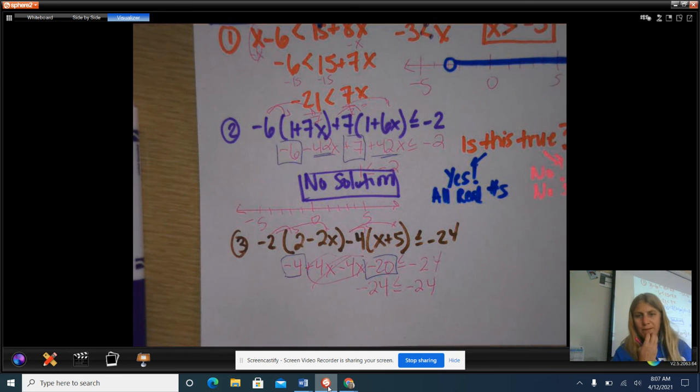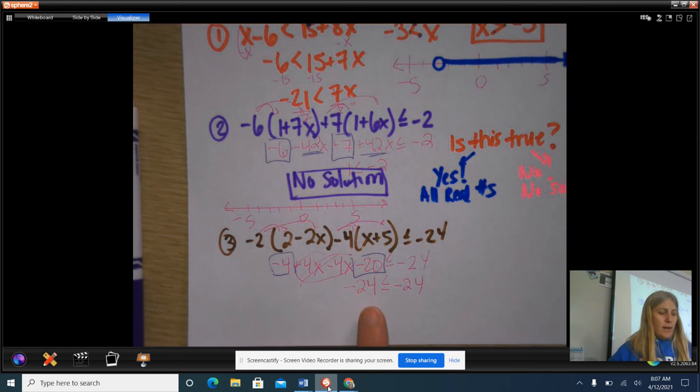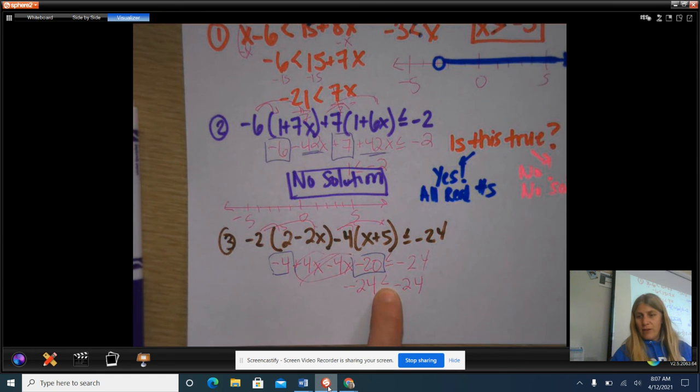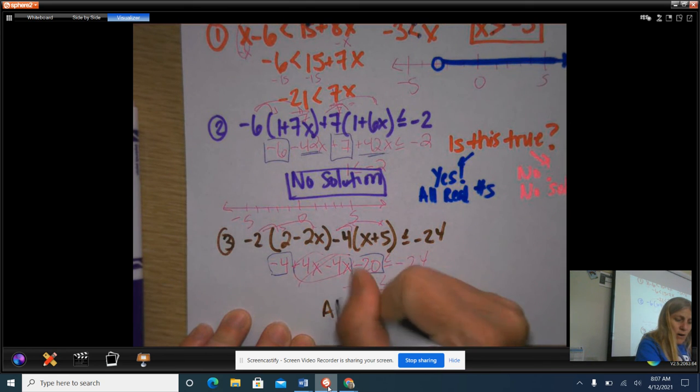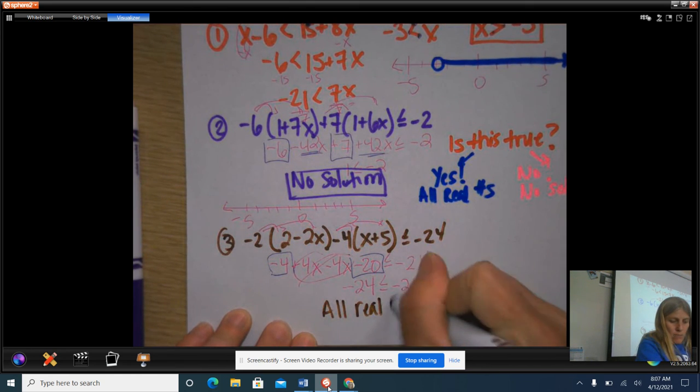Once again, our variables have gone away, so we have to ask ourselves, is this a true statement? Is negative 24 less than or equal to negative 24? Of course, our answer is yes, they are equal to each other. We have to be careful, because if it was less than, it would be a false statement. But because that equal sign is there, we know that our answer is going to be all real numbers.